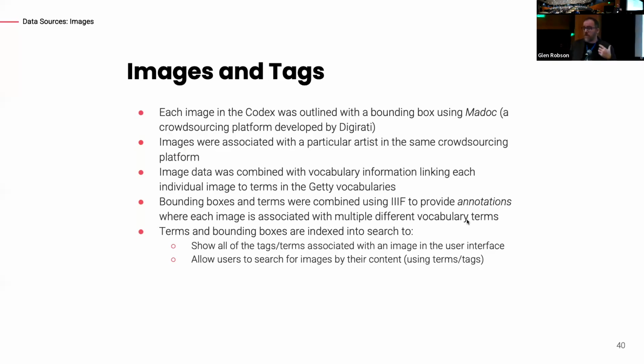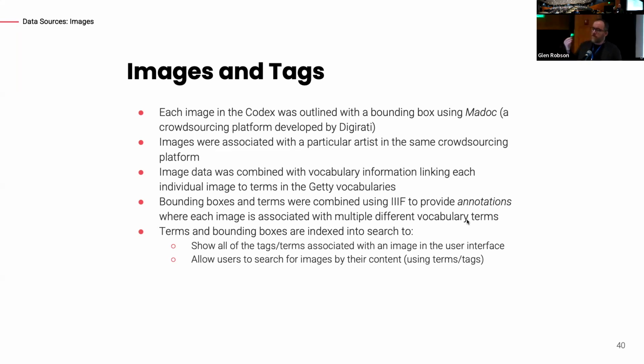Similarly, for the images, we needed to associate all of the vocabulary, the Getty vocabulary items, with individual annotations on the page. So we used a tool called Madoc, a crowdsourcing platform that Digirati developed, which was used to generate the initial bounding boxes and identification of a particular region of a page with a given artist or scribe. That was done inside the platform.